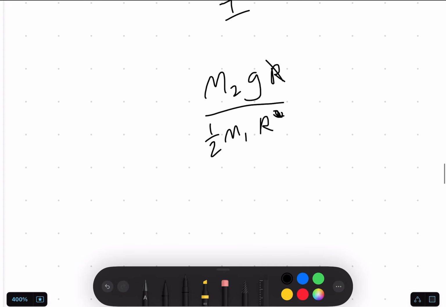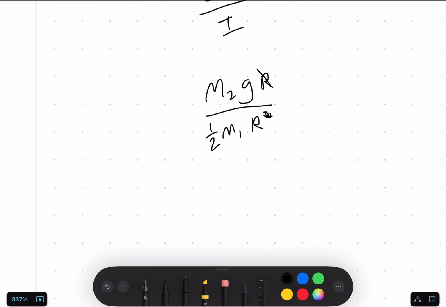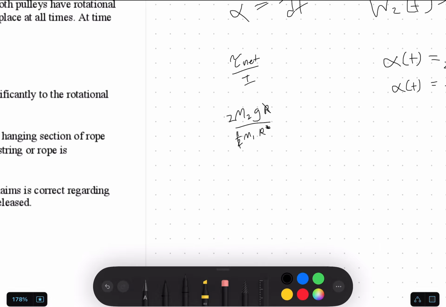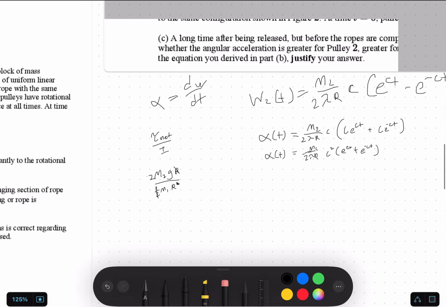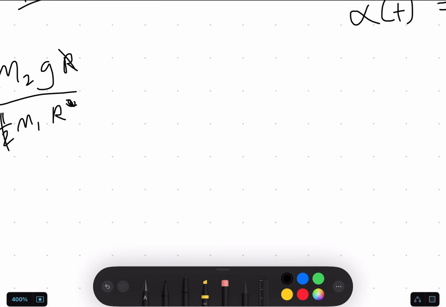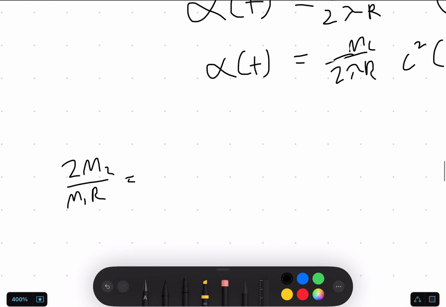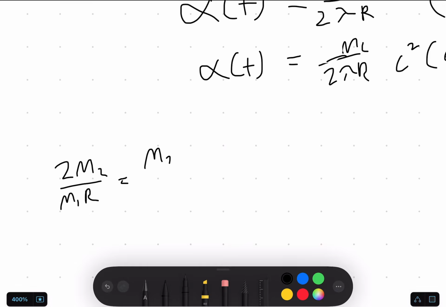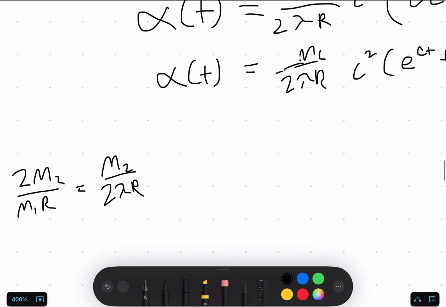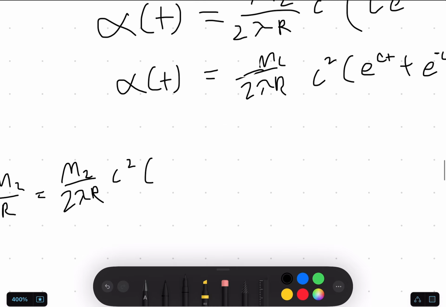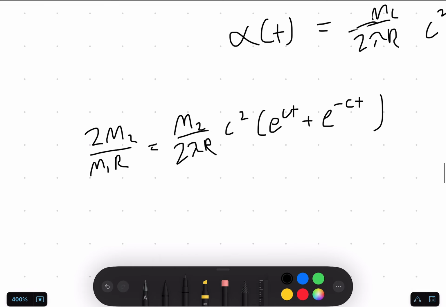Simplify a little bit, and this would be 2. And now we set this equal to our equation: m2 g over m1 r is equal to mass 2 over 2 times r c squared times e to the ct plus e to the negative ct. And now we solve for c.